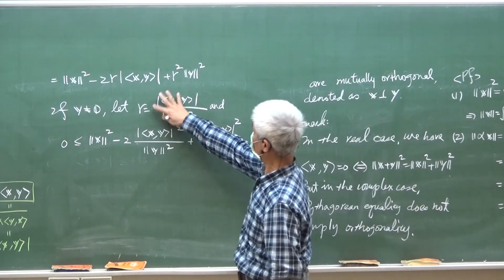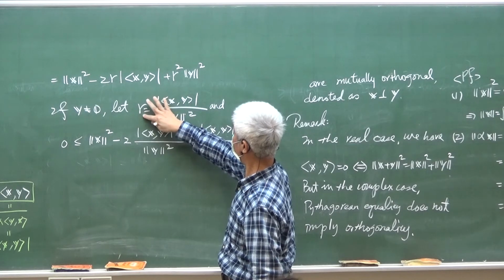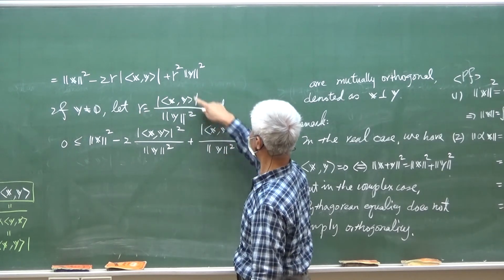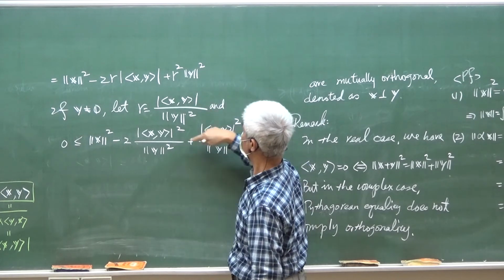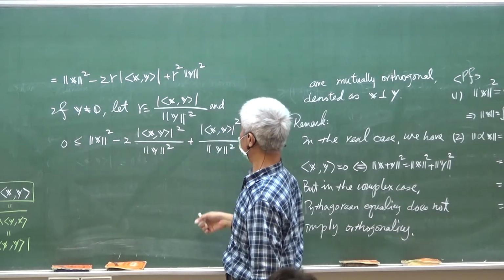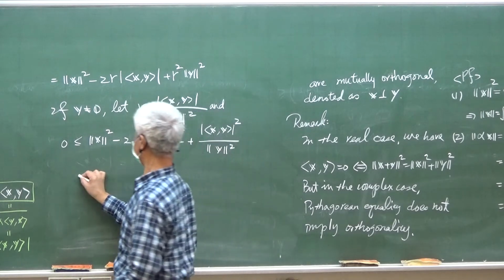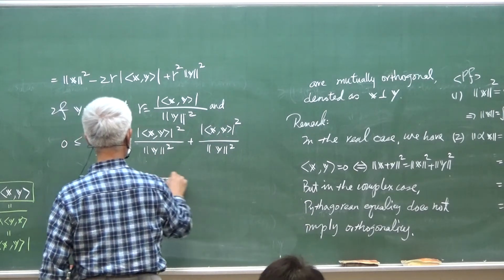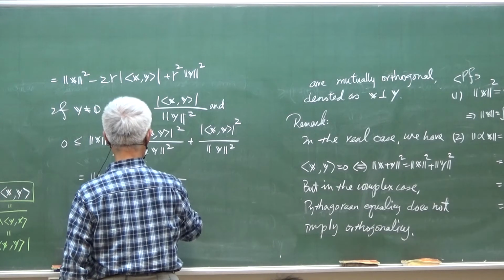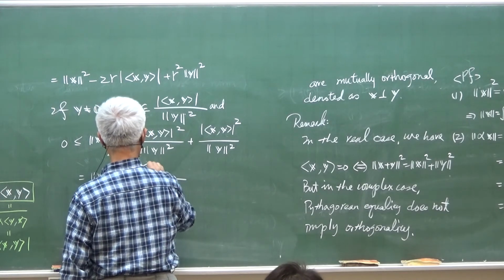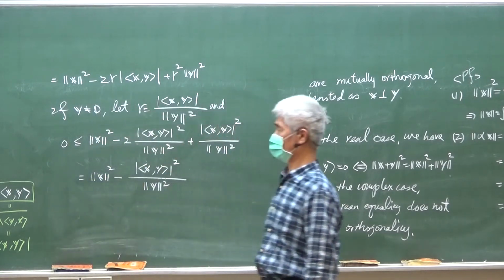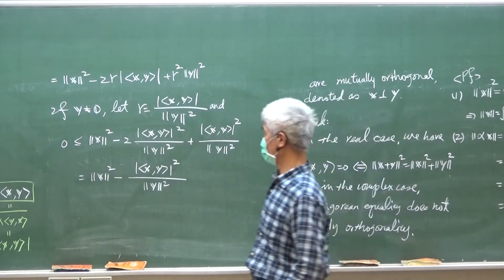If we plug r back into here, we have this term and cancel one of them. So this is equal to the squared norm of x minus the squared absolute value of the inner product of x and y over the squared norm of y, which is greater than or equal to 0.